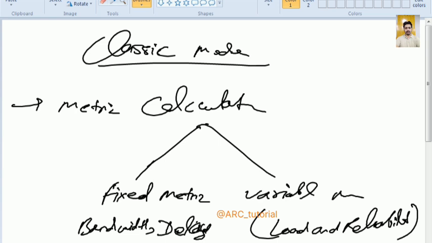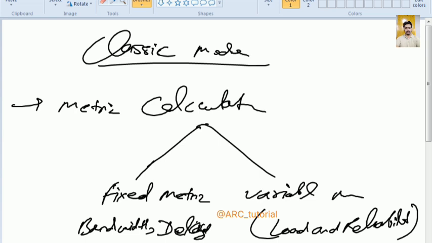You know why? Because load can get changed anytime, reliability can get changed anytime. So whenever there is any change in load or reliability, it means the metric will also get changed. It means the routing table will become inconsistent.